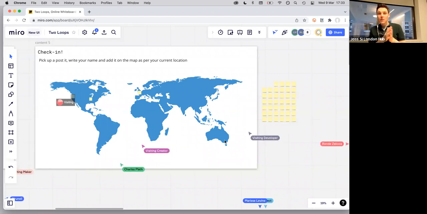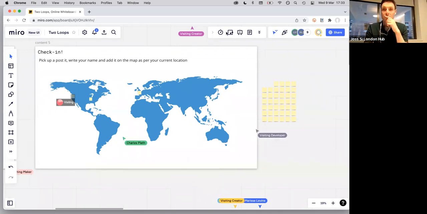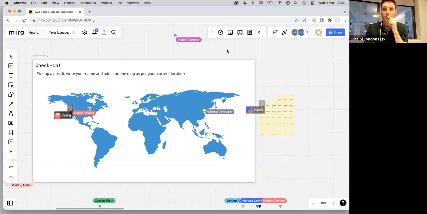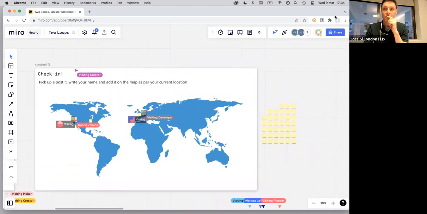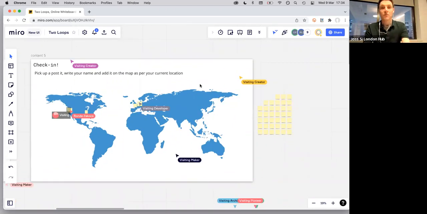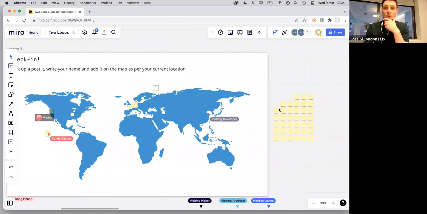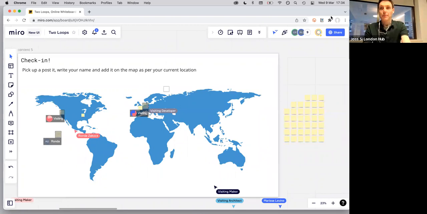Everybody have the link? Everybody know how to use a Miro board so far? Okay, so I assume everybody's happy enough with the Miro board, and we'll get going.